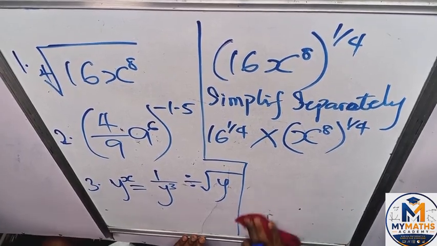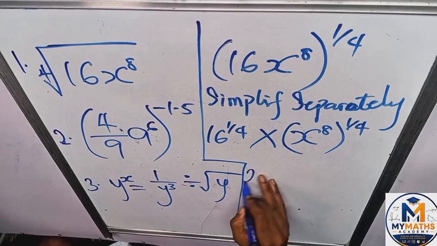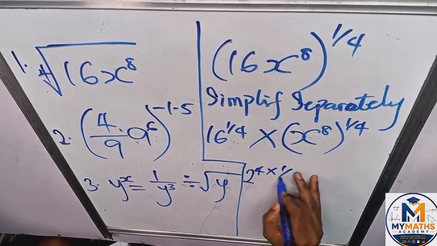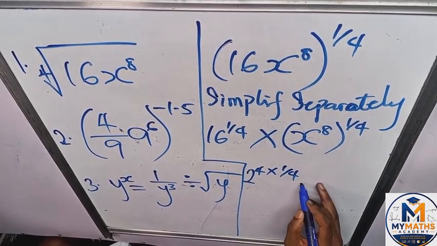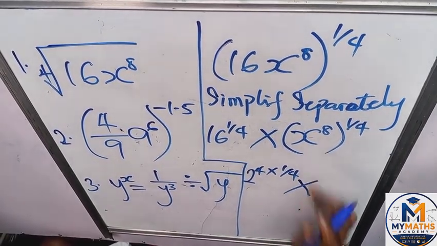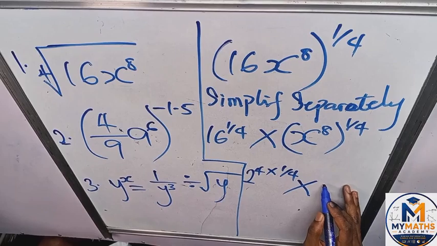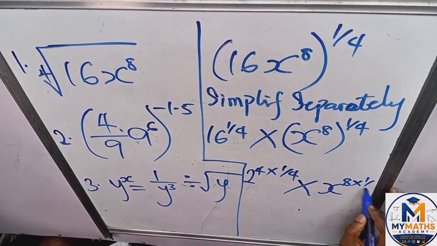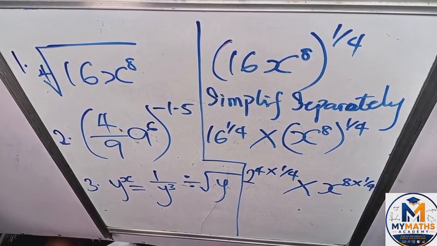So therefore, it's going to be 2 raised to power 4 times 1 over 4. Then times this one, x raised to power 8 times 1 over 4. Is that taken?